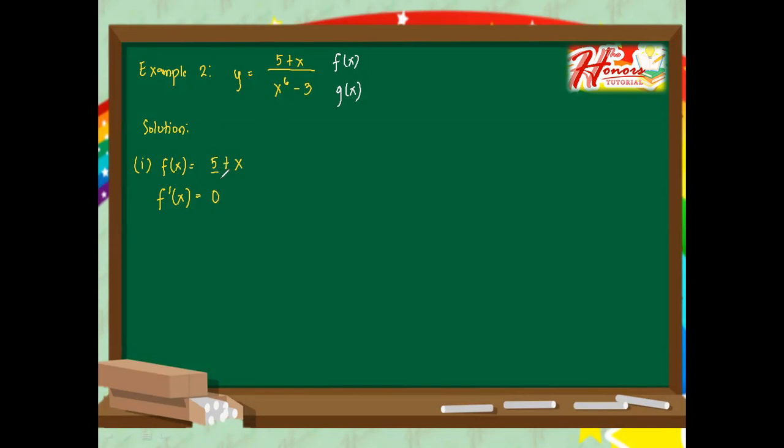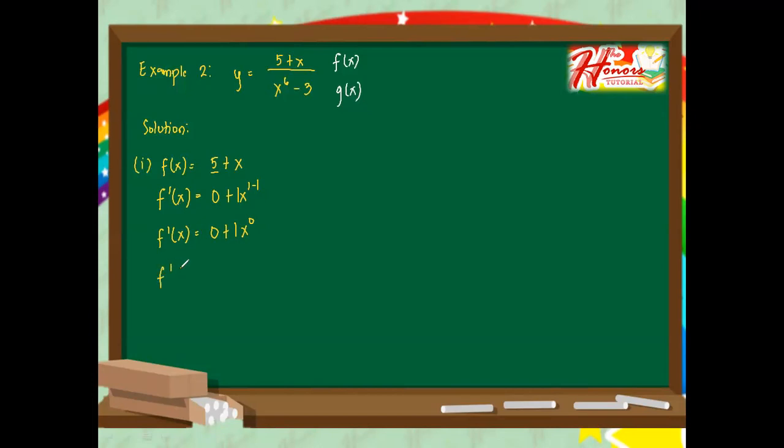So therefore we change 5 to 0 plus x raised to 1 minus 1. Actually, there is 1 here, the numerical coefficient multiplied by the exponent, which is also 1. So therefore, we only have 1 here. So let's continue solving. F prime of x is equal to 0 plus 1 x raised to 0, because 1 minus 1 is 0.